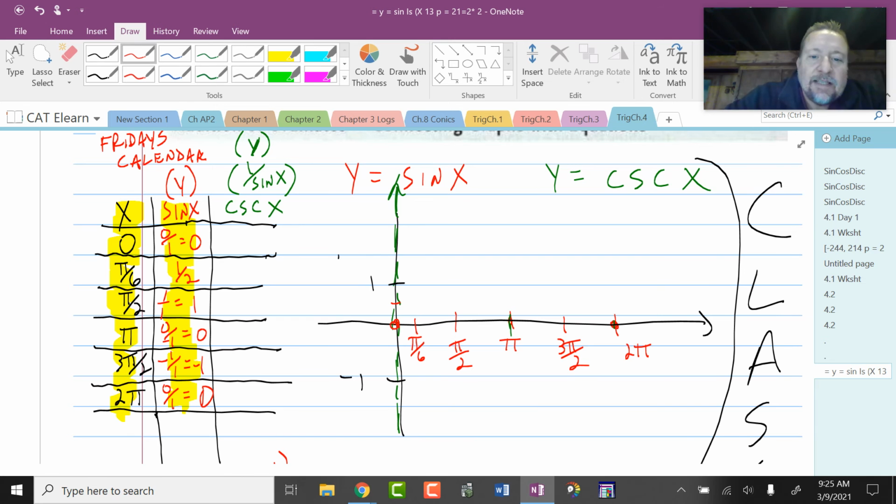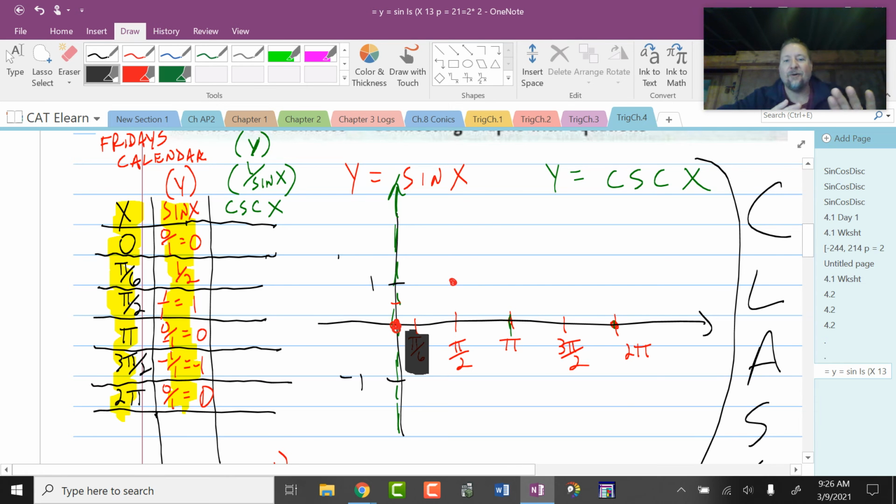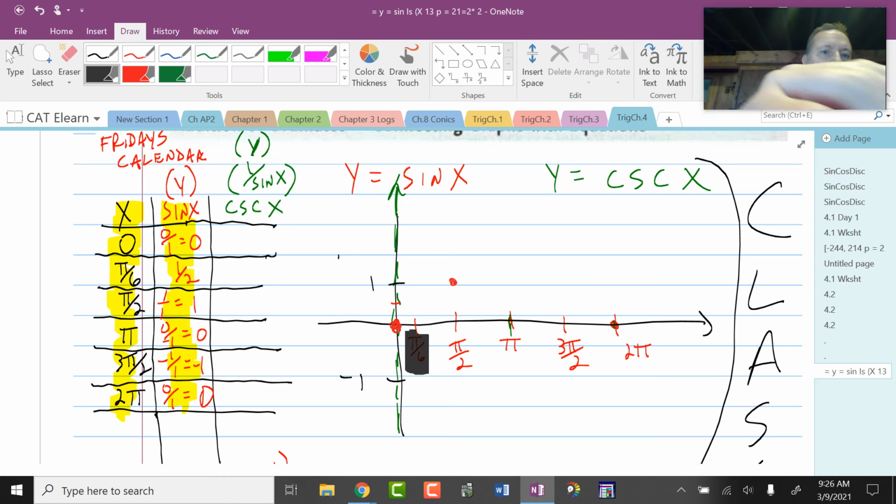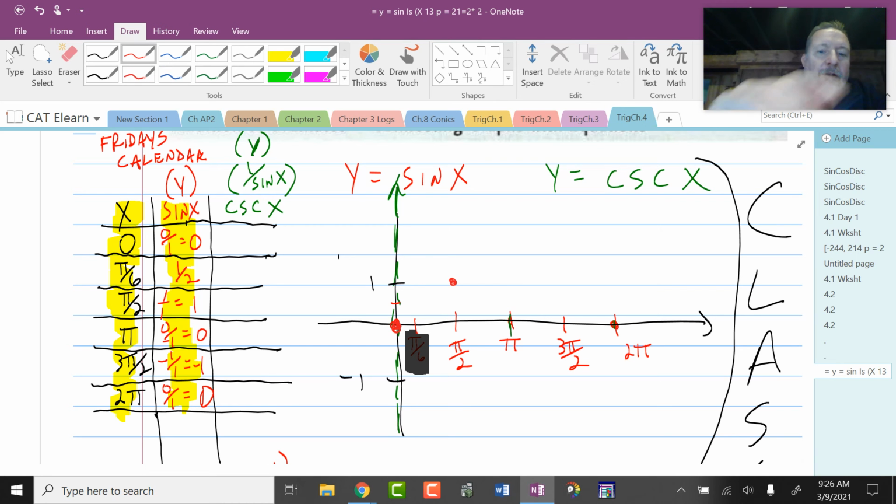And you know that the sine of 0 is 0 because sine starts at 0. And then at pi over 2, the high point. And don't worry about me having pi over 6 in the chart for the moment. Don't scratch it out. But I want to prove a point about what happens with cosecant with a couple values there. And then back to 0, and then the low point, and then back to 0. And then graph this as a dotted.